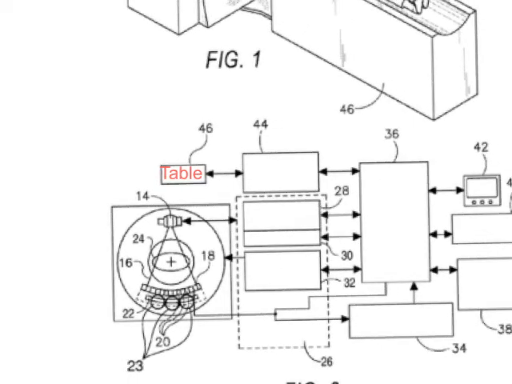So right next to it, this is my first time actually doing this, so this is the new way of monkeys banging rocks together. Table motor control is right next to it. And that's 44. Okay. And then those are wired back to this big box here. 36 is our computer.